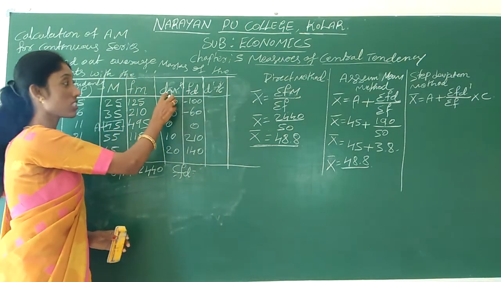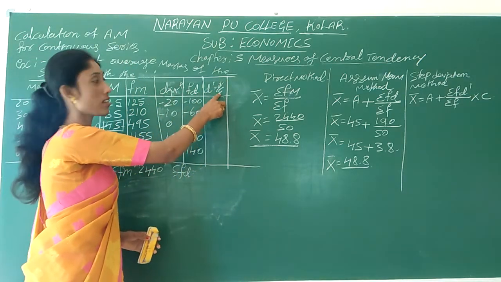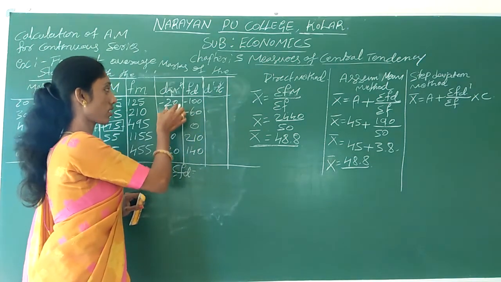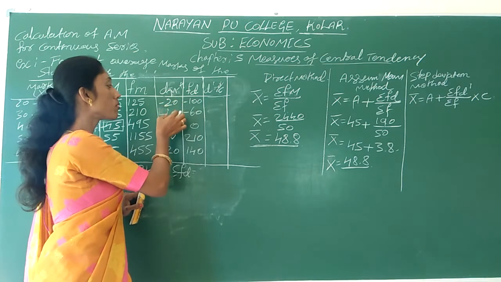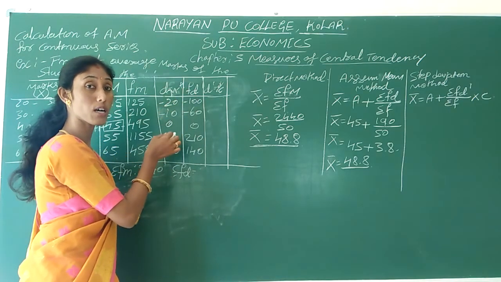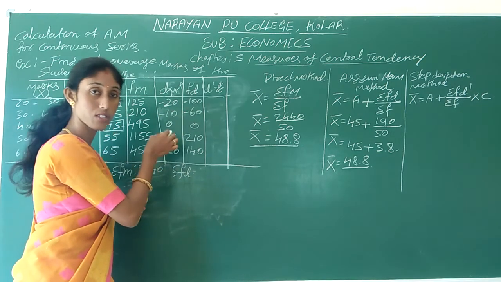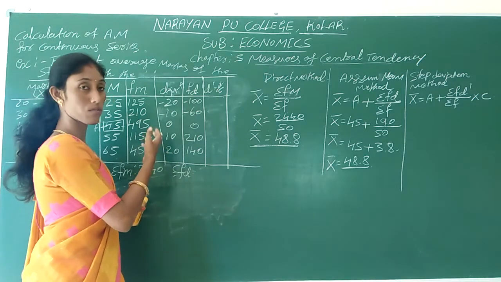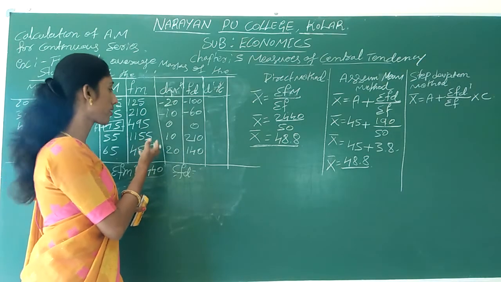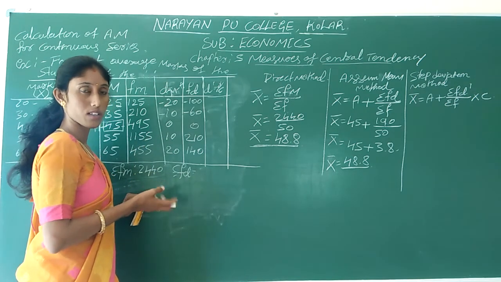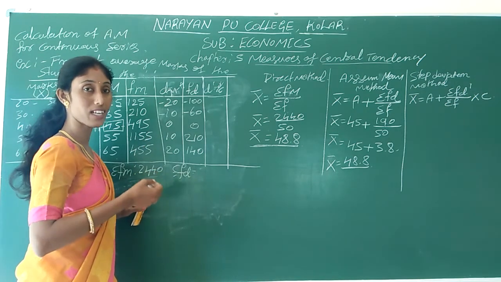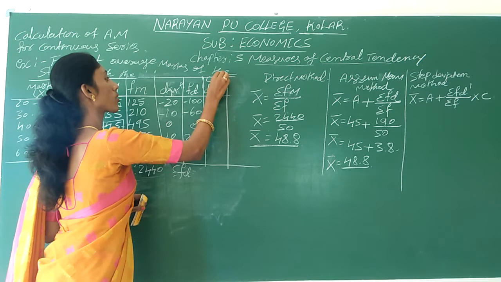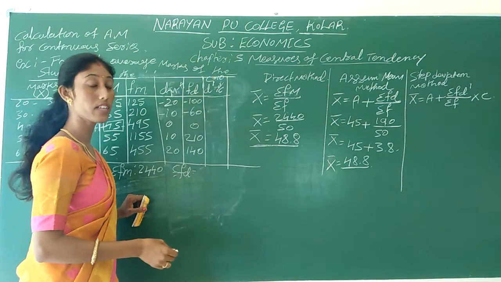D means deviations, c means common factor. How do we take the common factor? Common factor means the value that appears most among the deviation values. Here maybe we can take the minimum value as the common factor. 10 is the minimum, right, except 0. If you take 10, it's easy to get d dot. So the common factor is 10.